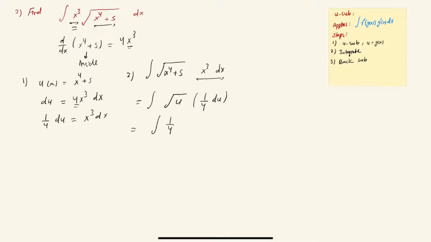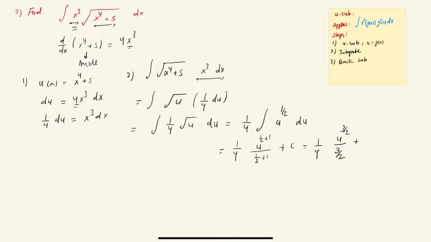Now I'm gonna move 1 over 4 to outside of the integral, and then I'm gonna write square root of u as u to the power of half. That's gonna be equal to 1 over 4 times u to the 3 over 2, over 3 over 2, and then plus c.